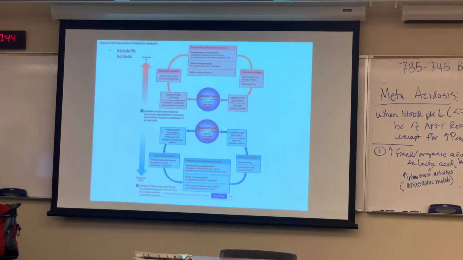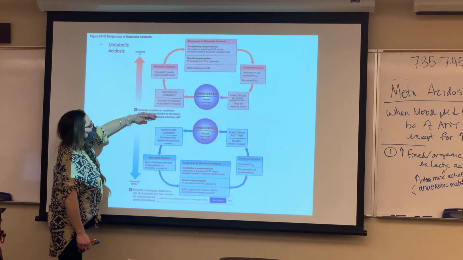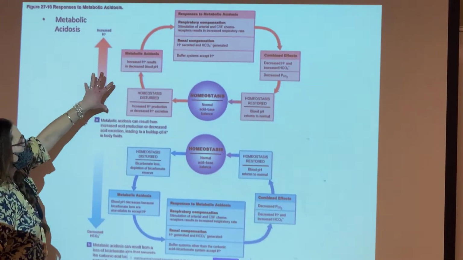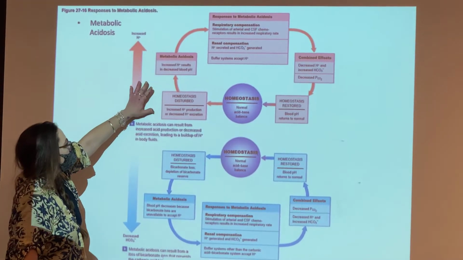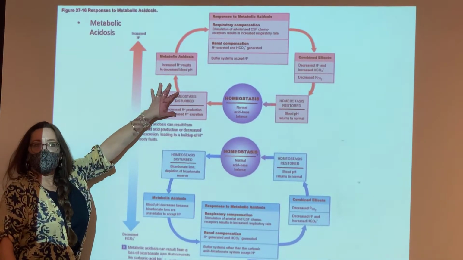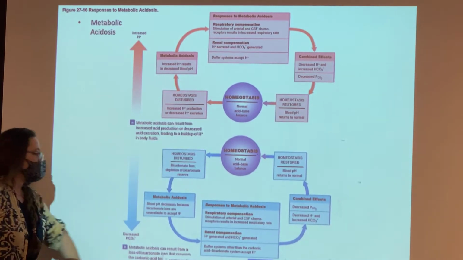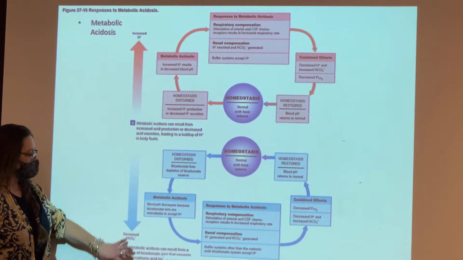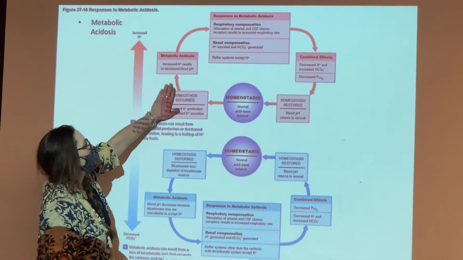So let's look at how we fix it. So what we've got here, this is metabolic acidosis. That's because of the first two things, having too many fixed organic acids or a buildup of hydrogens in our bodily fluids. That's this up here. The bottom part here is metabolic acidosis because we have too little bicarb. Okay, so let's start with the one up here.